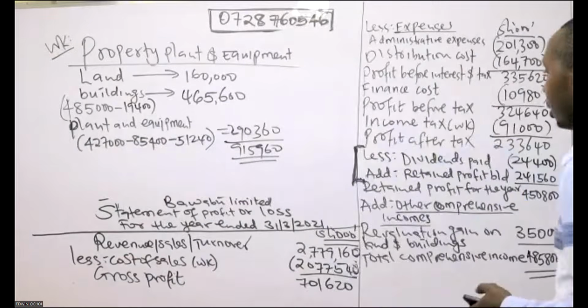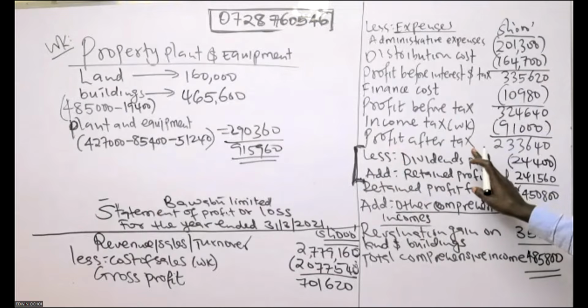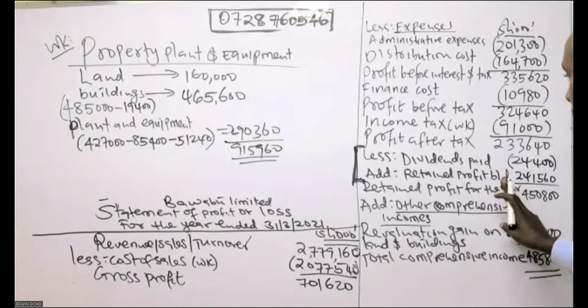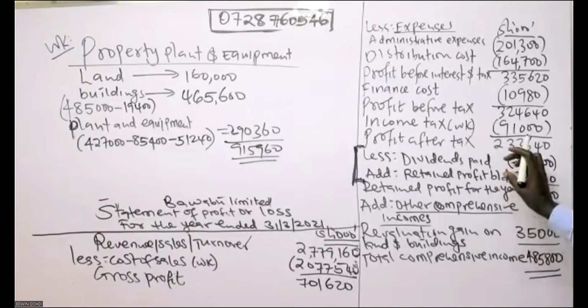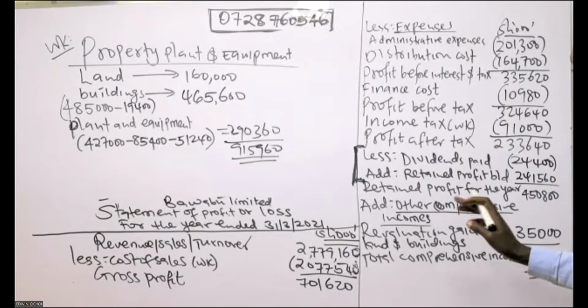So remember that after getting profit after tax, we were supposed to raise dividends paid and add retained profit. If we were to prepare the statement of changes in equity, these were to appear there. But since we are not told to do the statement of changes in equity, you have to deduct the dividends paid and add the retained profit brought forward from the previous year.